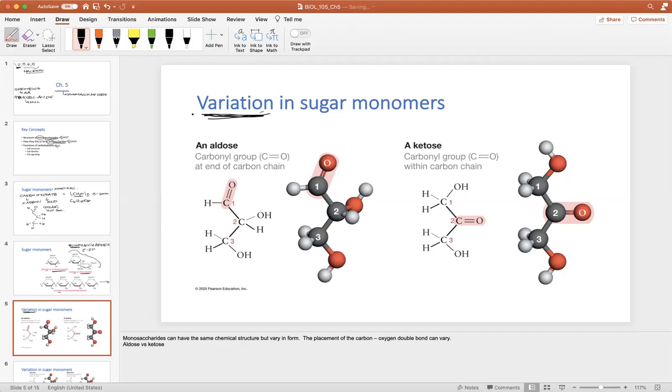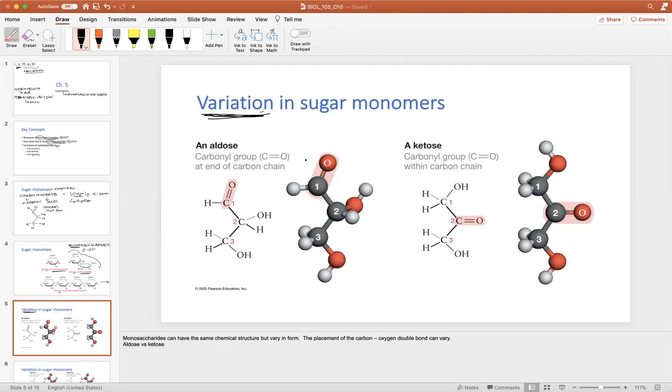And if we're talking about nucleotides, they can vary with the type of sugar that you have, right? You can have deoxyribose or ribose. And they could also vary with the type of base that they had. So they could have an A, C, T, or G if it was DNA, or an A, C, U, or G if it was RNA.